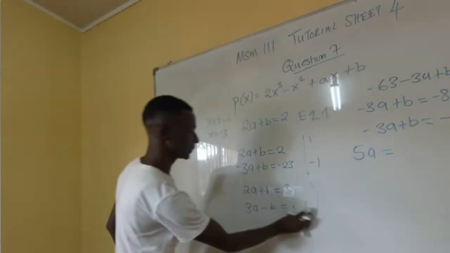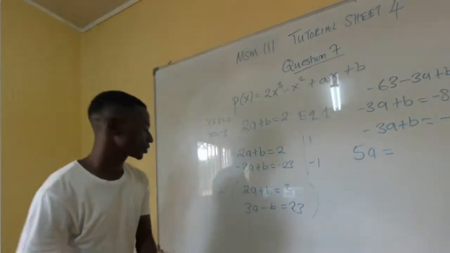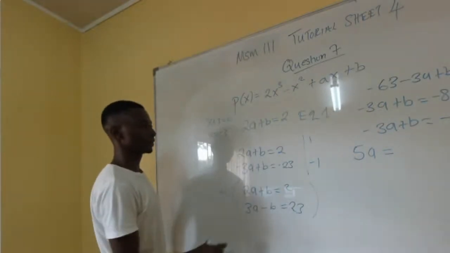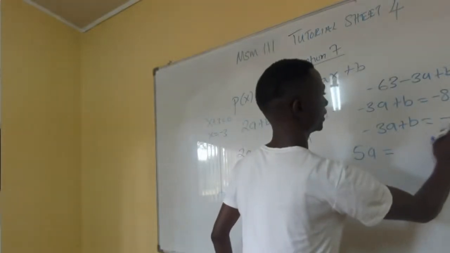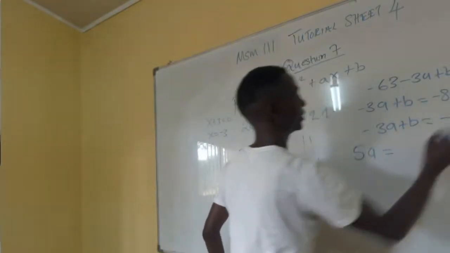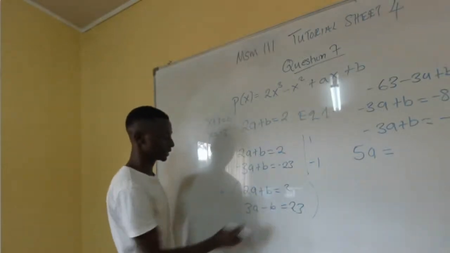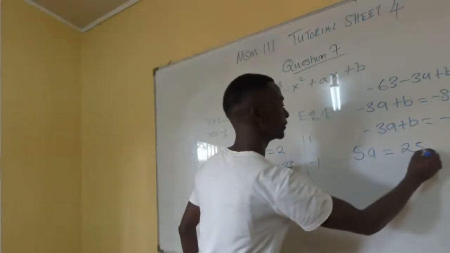So now from there, we are having 23 here. If you add the 2, it is supposed to be 23. So if you add the 2, you say 2 plus 23 is 25. So we are having 5A equal to 25.